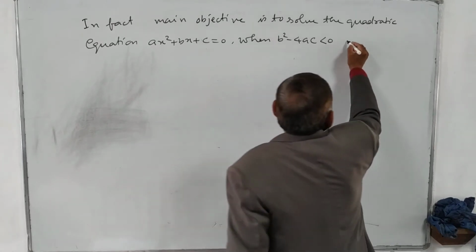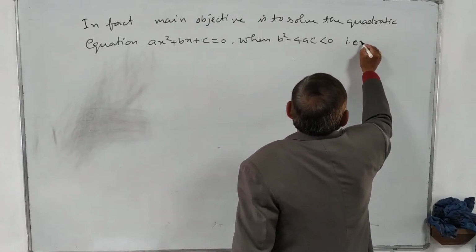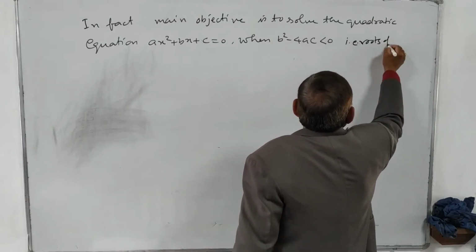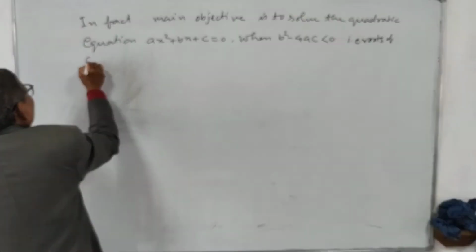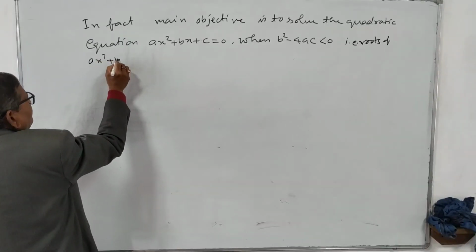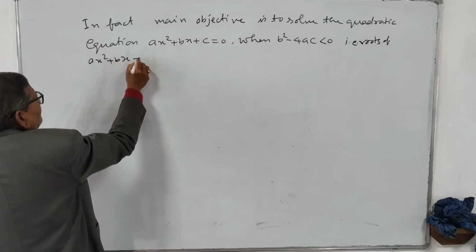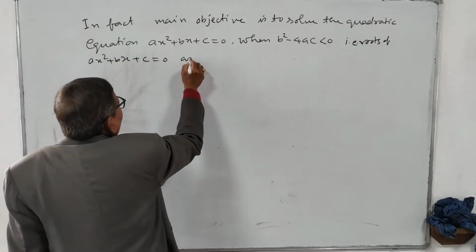That is, the roots of ax square plus bx plus c equal to 0 are imaginary.